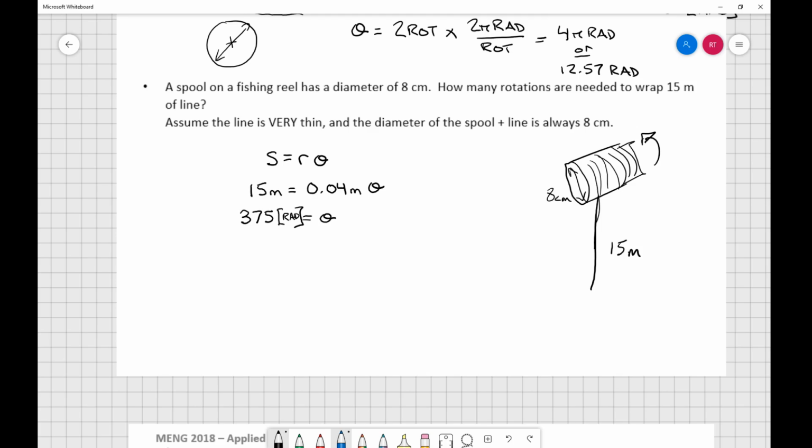So in order to convert that to rotations, 375 radians times 1 rotation per 2 pi radians. Radians wipe out, and that gives me 59.7 rotations.